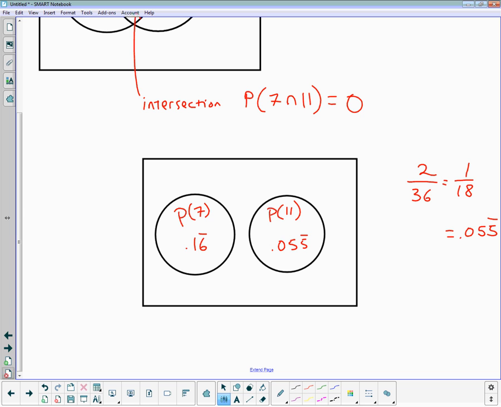So if I were to take a dart and throw it, well, I have a 16.6% chance of landing inside the first circle, and I have a 5.5% chance roughly of landing in the second circle. So adding the 2 of those up, because either one of them will give me a win, so to speak, right? That's why we add them, because it's an or statement. It's land inside the first circle or land inside the second circle.